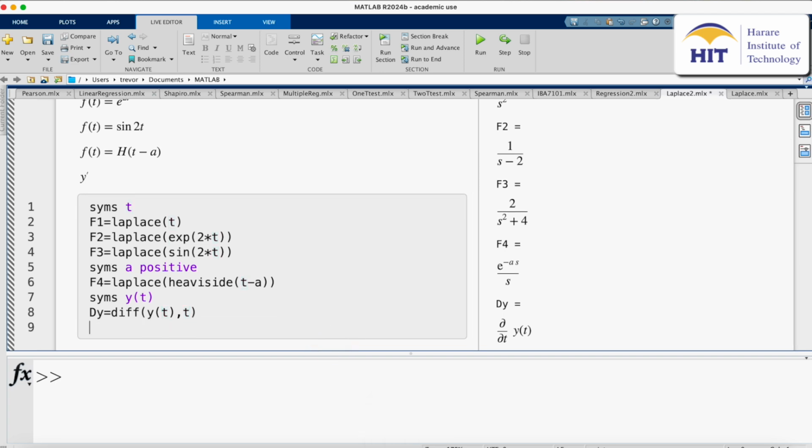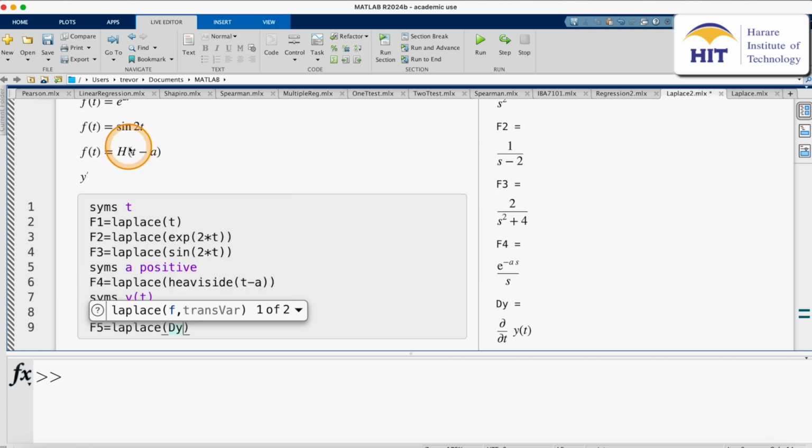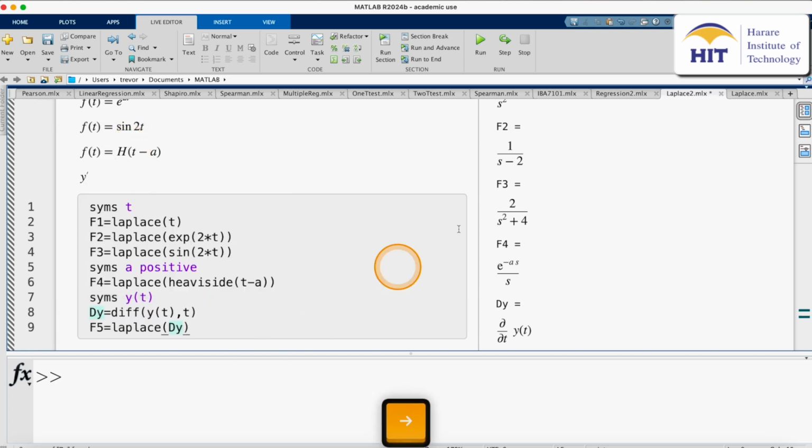Now find the Laplace transform of this derivative. I'll call that solution F5. So F5 is equal to laplace, open parenthesis, and we are taking the Laplace transform of the derivative, which we've just called dy. I can just click it here. Then you can go on and run.